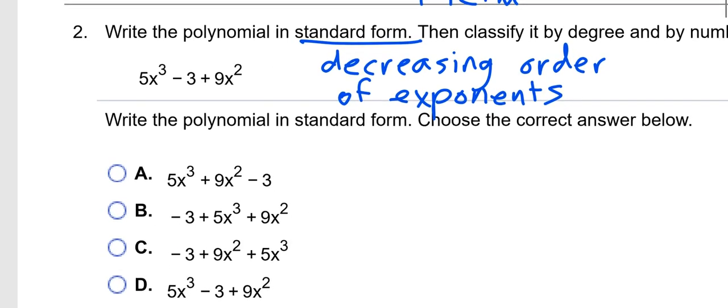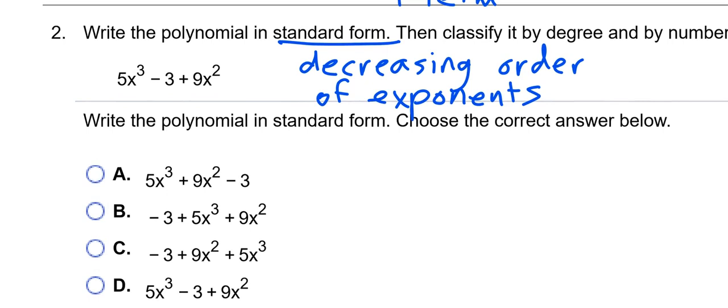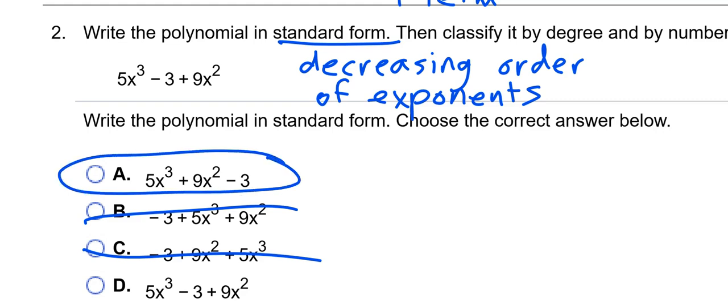Decreasing. So we have to start with the highest exponent and go all the way down to the lowest exponent. Well, that just got rid of B and C really quickly. Which one starts with the highest exponent and counts all the way down to the lowest? That is choice A. Right? Decreasing order of exponents.